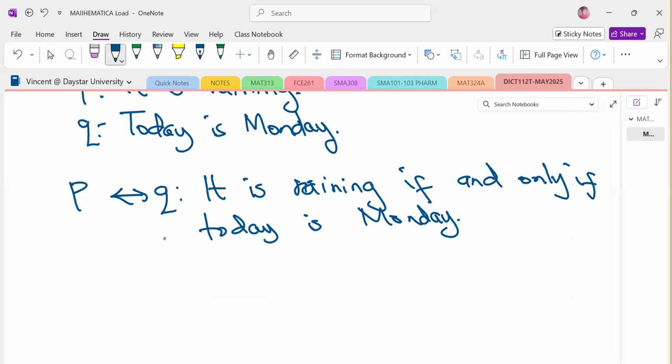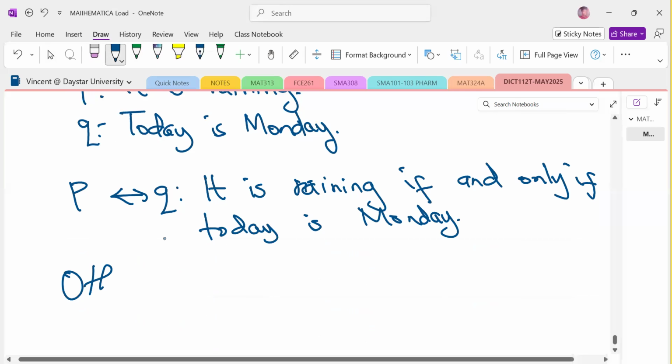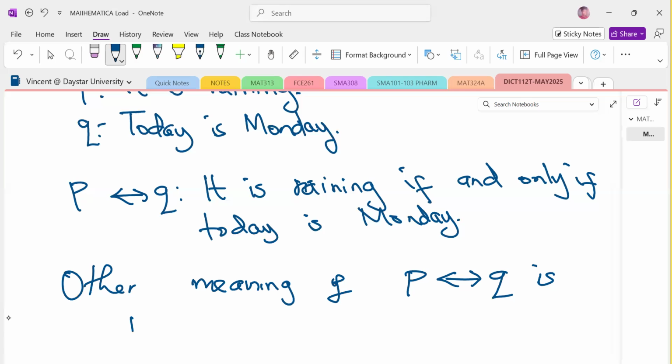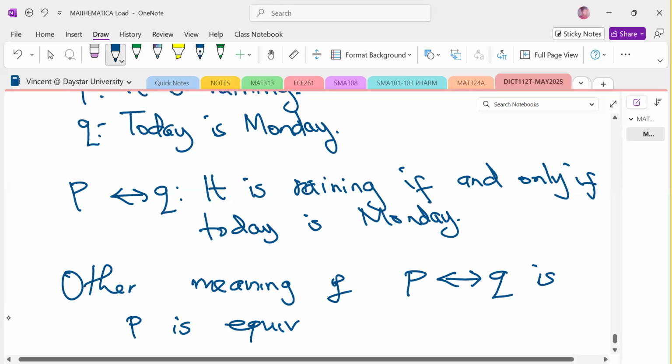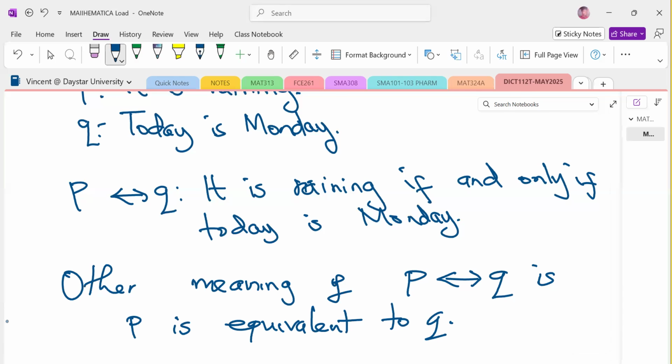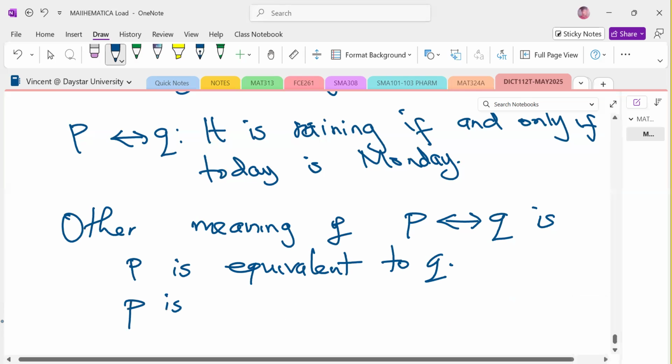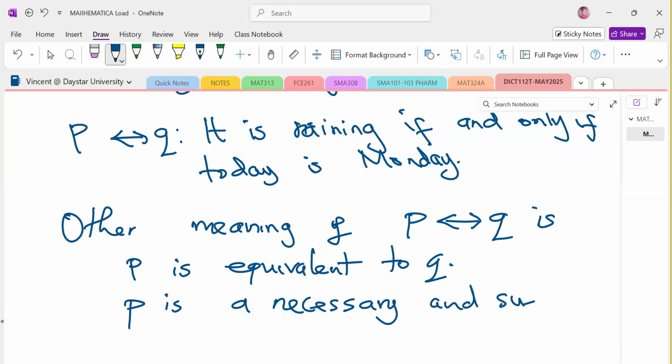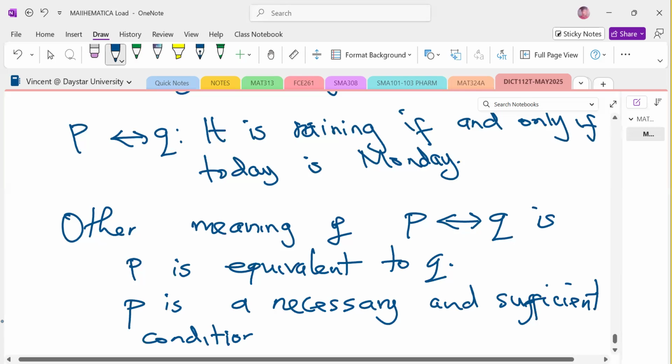So other meanings of this statement: we say P is equivalent to Q, or we can say P is a necessary and sufficient condition for Q. So that's what we have.